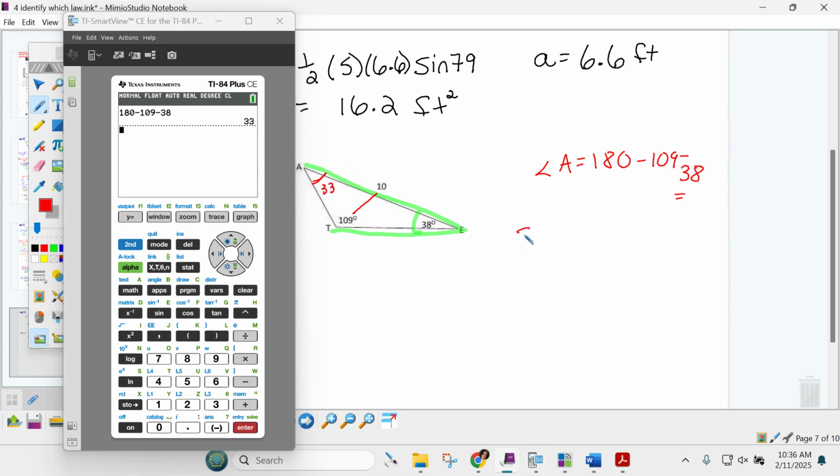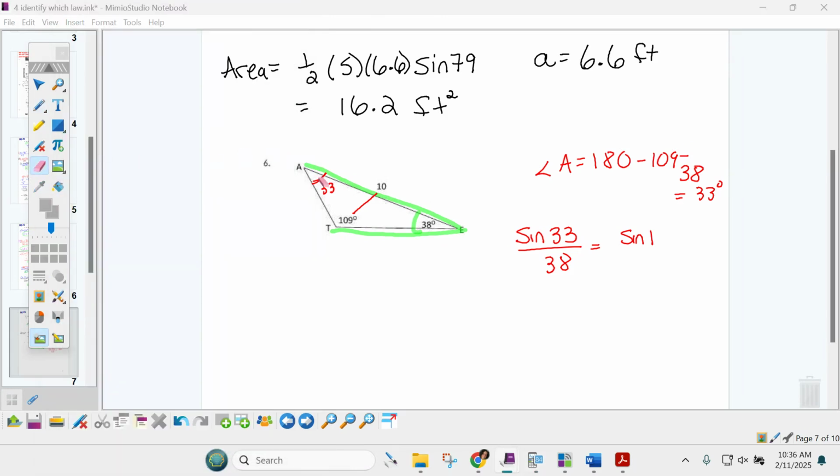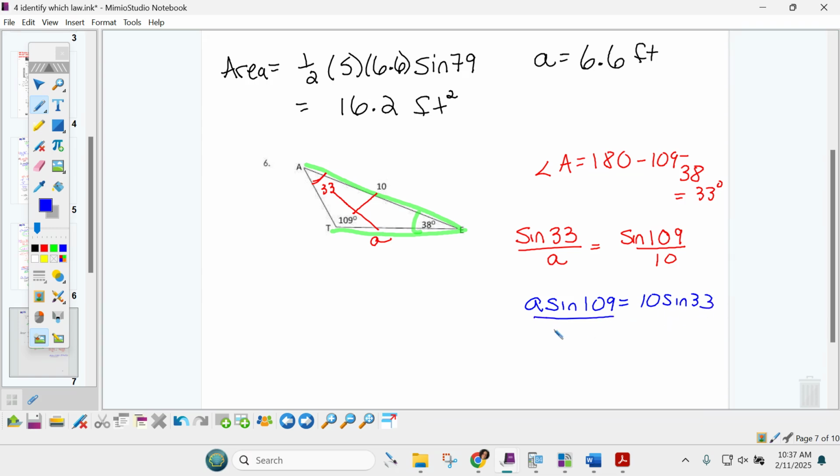So sine of 33 over 38 equals sine of A over, nope, 33 is going to be over side A. So now sine of 109 divided by 10. Let's cross multiply. Divide by sine of 109.